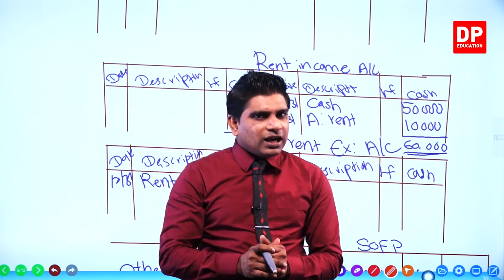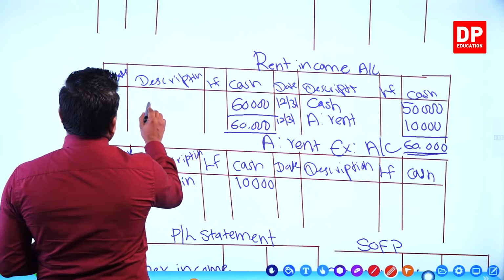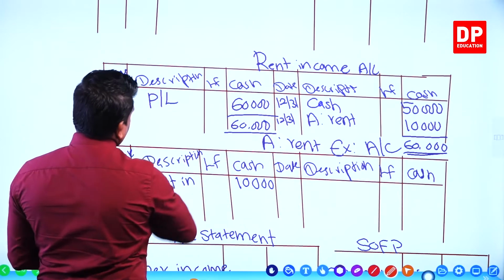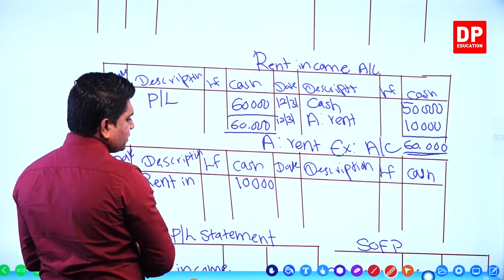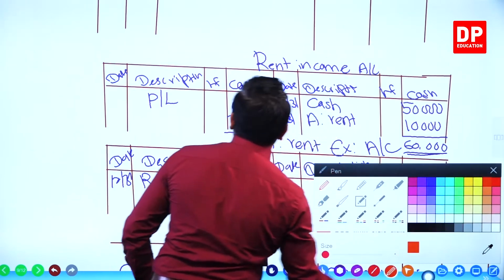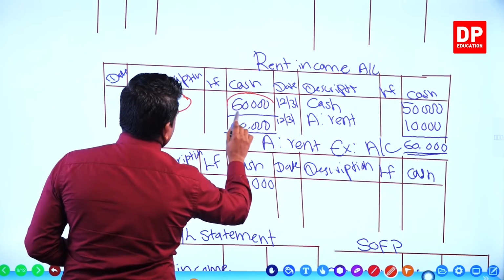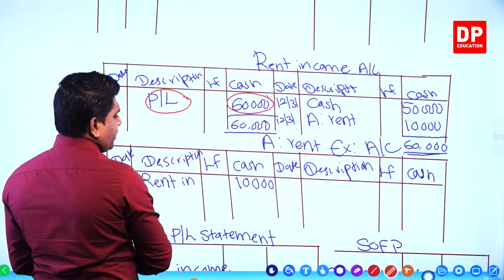Here also the income we transfer to the profit and loss. Then here we write profit and loss, right? If you want to see it, I can highlight. This is the value we transfer to the profit and loss, right?